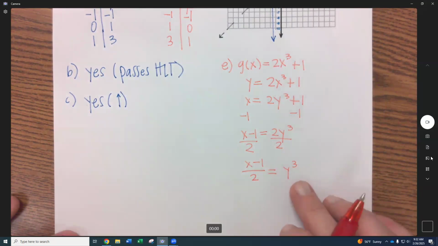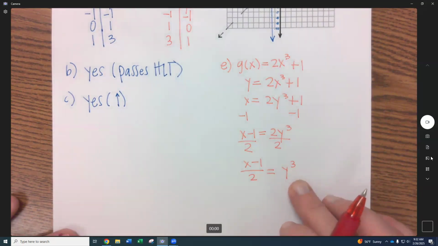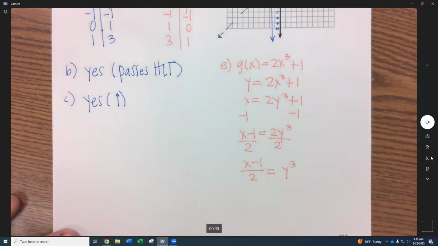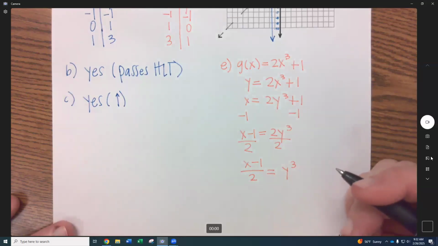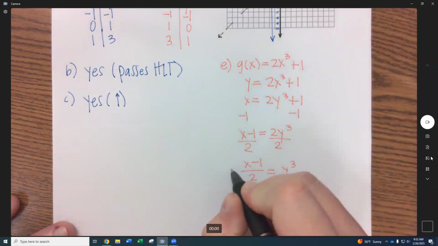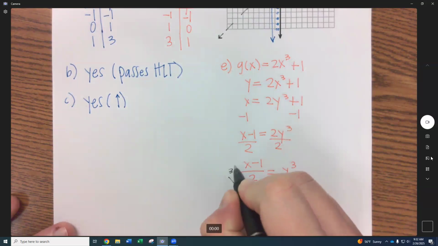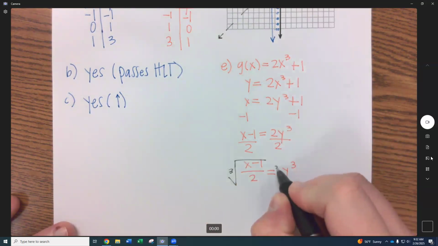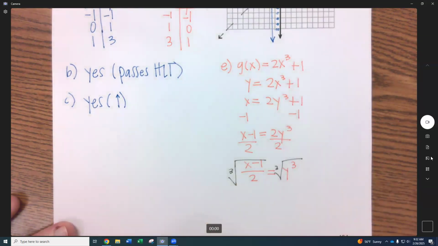Okay, we've never really solved a y cubed or an x cubed. But what do you think the opposite is of cubing y? Just like the opposite of squaring is square root, the opposite of cubing is the cubic root. So I'm going to take the cubic root of both sides.